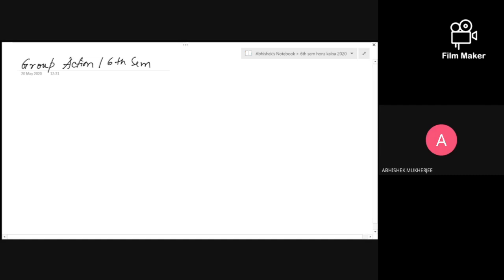Now see, first of all I would like to give you an example where you have already done such group actions. Suppose you are in a plane, so in 2D geometry you have already done some translation and rotation concepts.